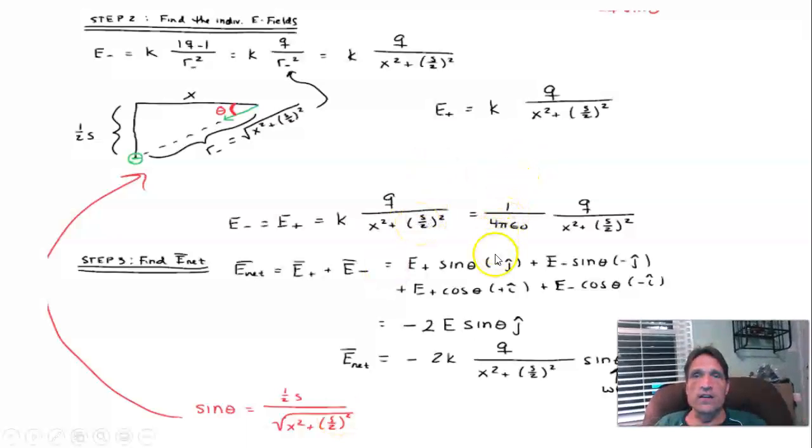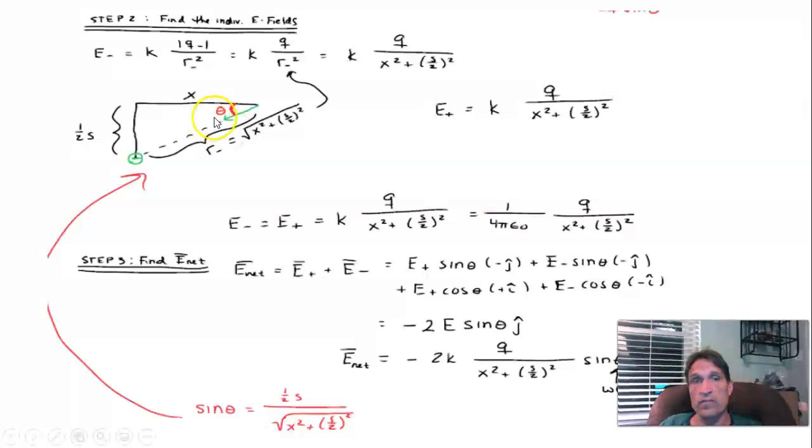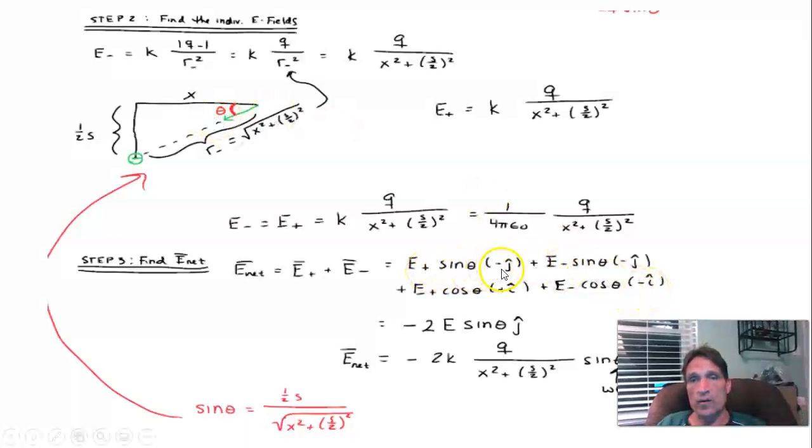So now we can add up the fields due to the positive and negative source charges of the dipole, and here we have that the x components cancel. The components in the i hat direction, where i hat is a unit vector along x, recall that from 1150. And the field is in the negative x direction. And then for the y directions, the fields are both in the negative y direction for both of them.